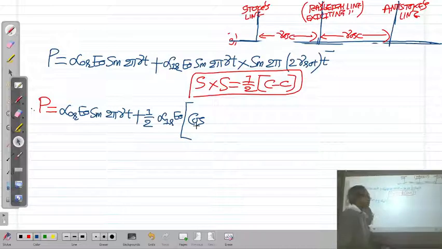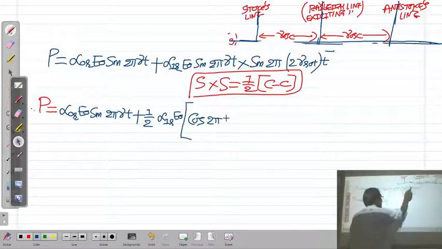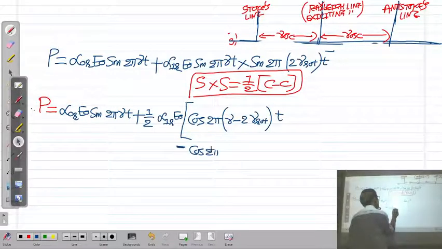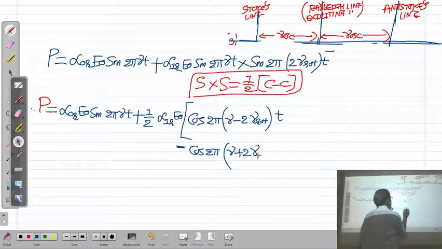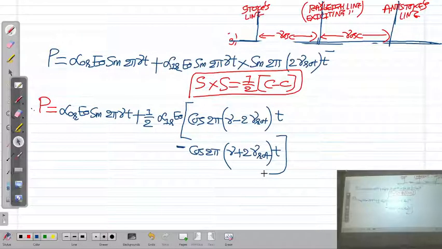As I told you, in the first term we have to take the subtraction of these two terms. So cos 2 pi (nu minus 2 nu rho) t minus cos 2 pi, the second cos we have to take summation of these two terms, so (nu plus 2 nu rho) t. Right? So this is the final equation.